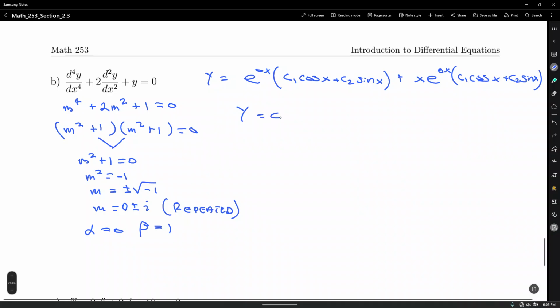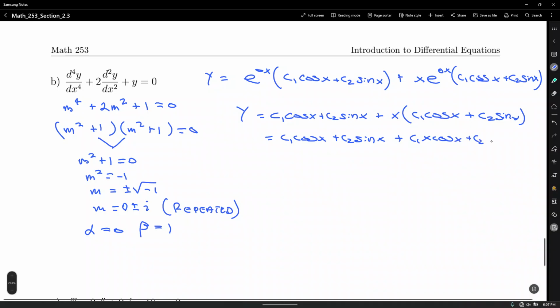So this will be c1 cosine x plus c2 sine x plus x times c1 cosine x plus c2 sine x. And you might want to distribute the x here: c1 cosine x plus c2 sine x plus c1 x cosine x plus c2 x sine x.